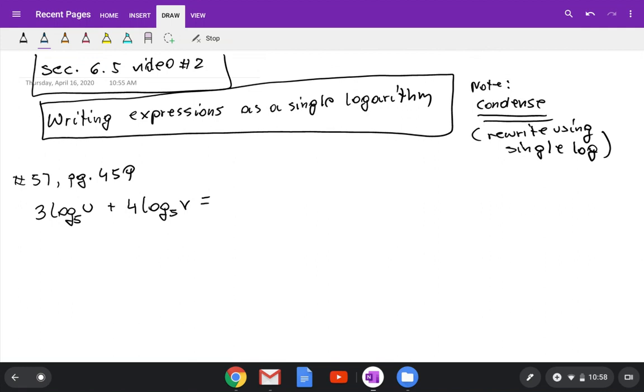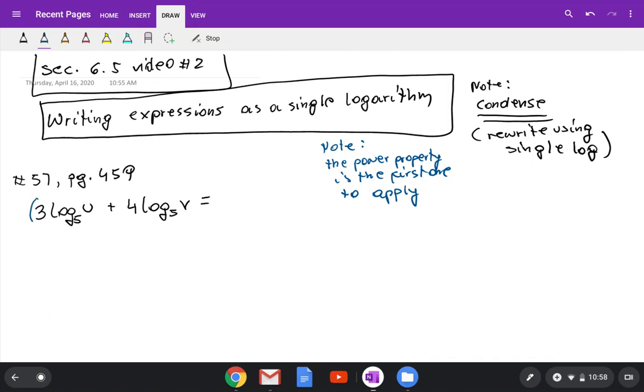So with condense, note the power property is the first one to apply.